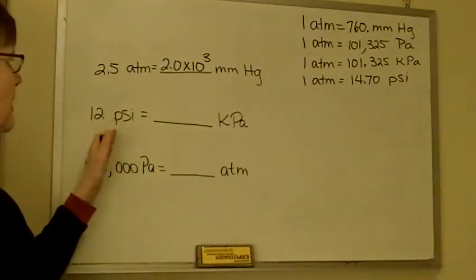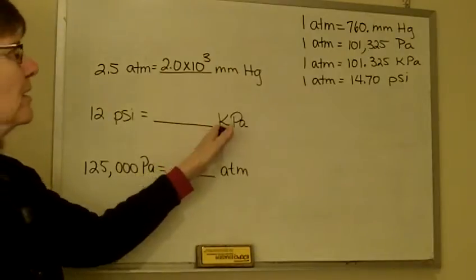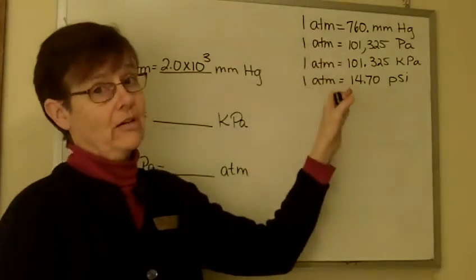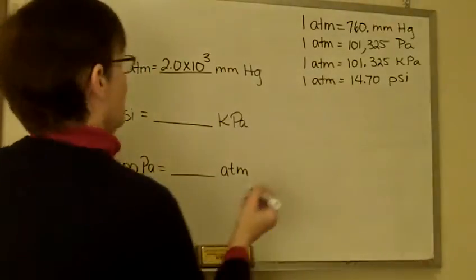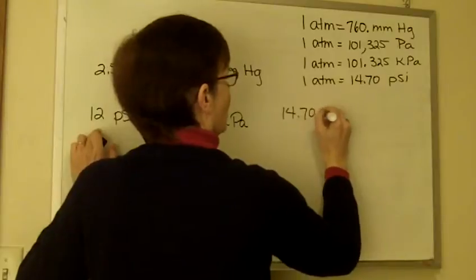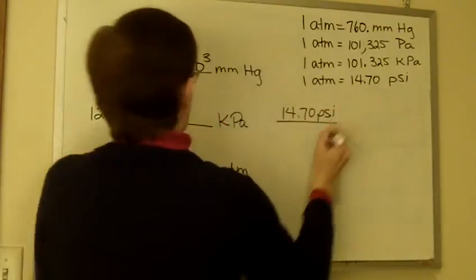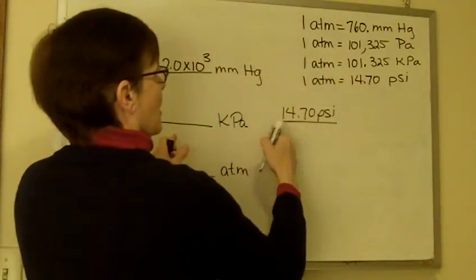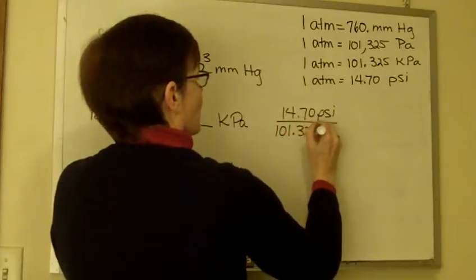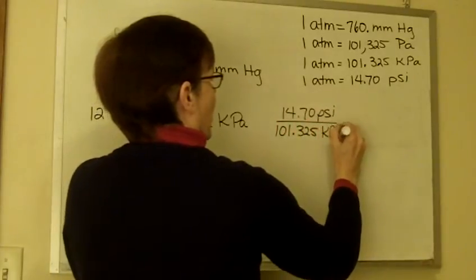We have to get from psi to kilopascals. So I'm going to set up a ratio using the numbers that I know are correct ratios. So we know that 14.70 psi is equal to 101.325 kPa.